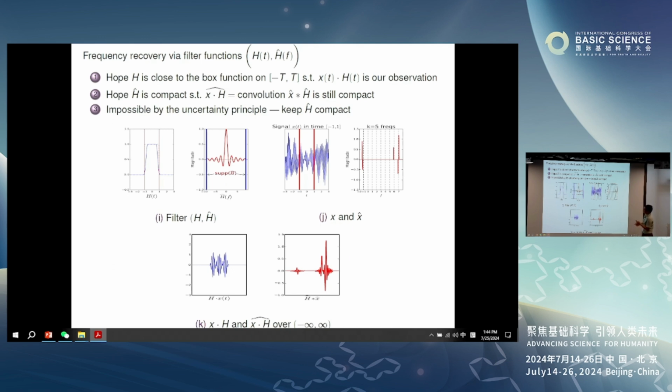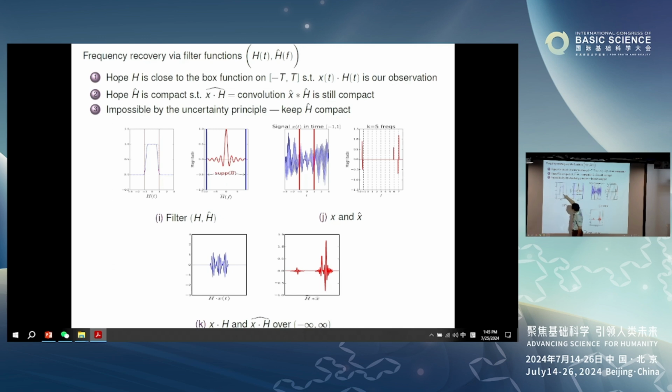So I don't want h hat to have a very long tail that destroys the structure of x hat. But unfortunately, this is impossible. I cannot have a function and its Fourier transform both compact, by the uncertainty principle. So our solution will be to keep its Fourier transform compact, such that this function will no longer be compact in the time domain.